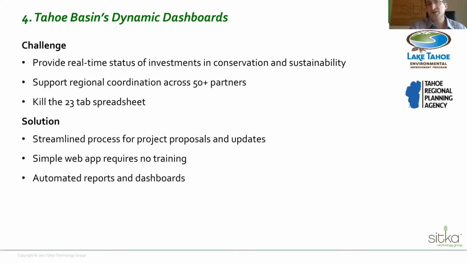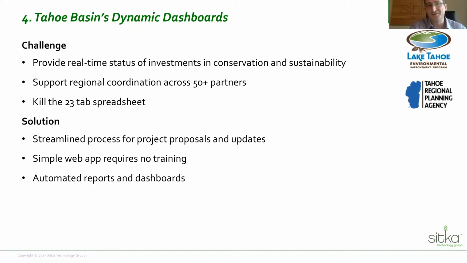So what we did is took a different approach and built a small little web app to start off with that would walk their partners through an annual project update cycle. Our goal was to let them do it in 5 to 10 minutes, and I think, except for the most complicated projects, we've met that goal.